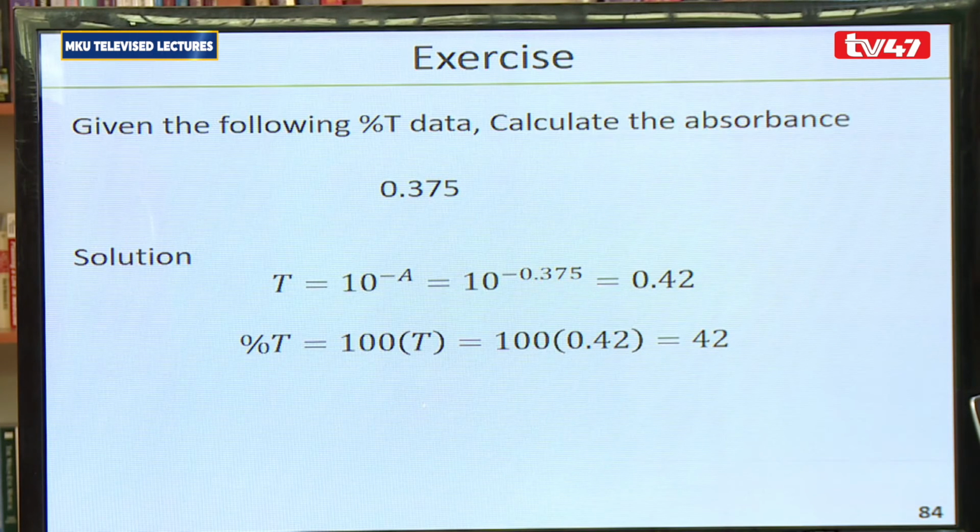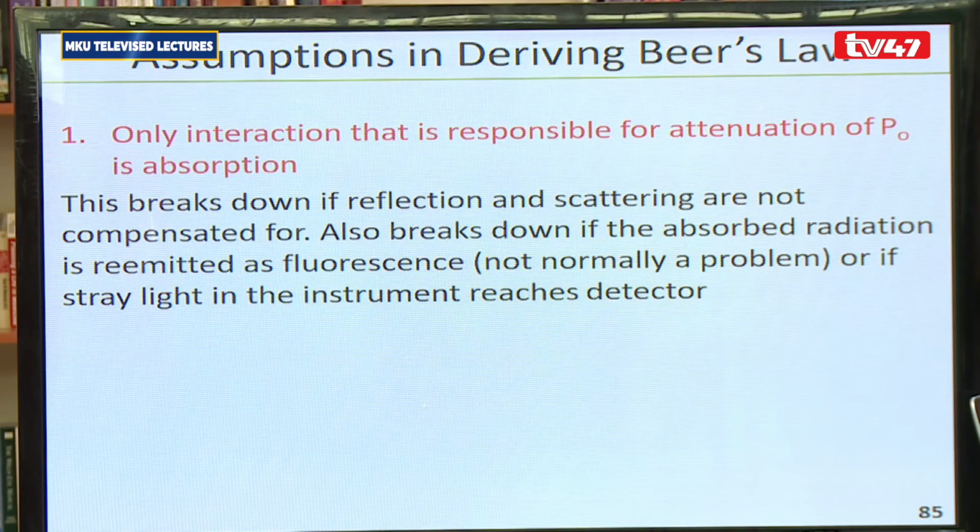Now, as we have seen, the Beer-Lambert law is a very simple expression, but before this expression came into being, there are several assumptions that had to be made. So now we look at the different assumptions. The first assumption is that the interaction responsible for attenuation of the incident radiation is absorbance. There is nothing else absorbing apart from the analyte that you are interested in.